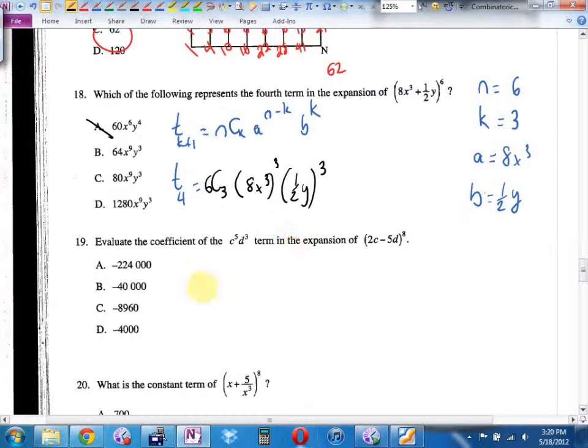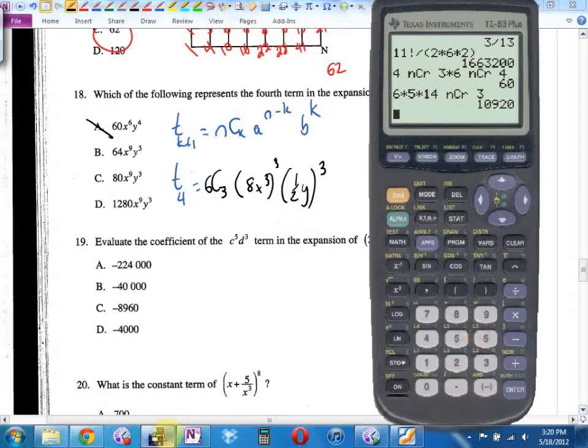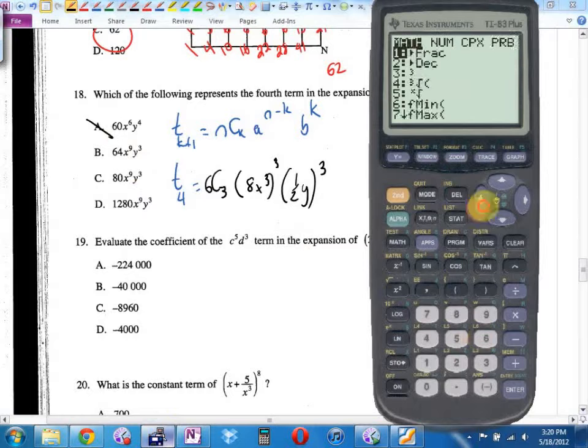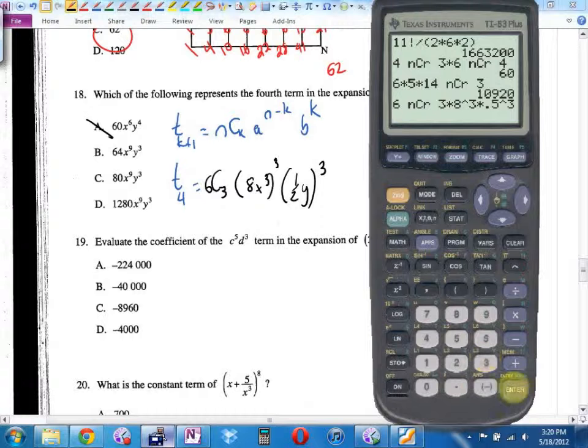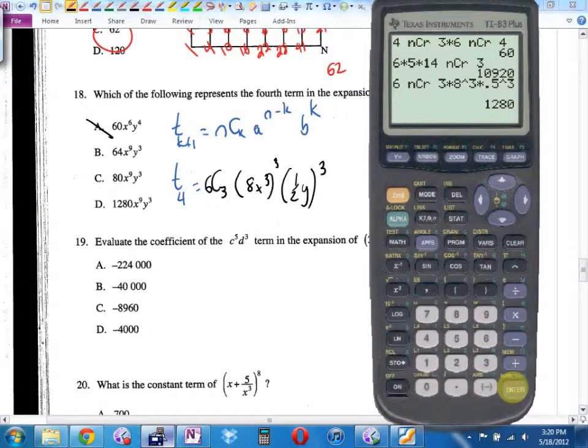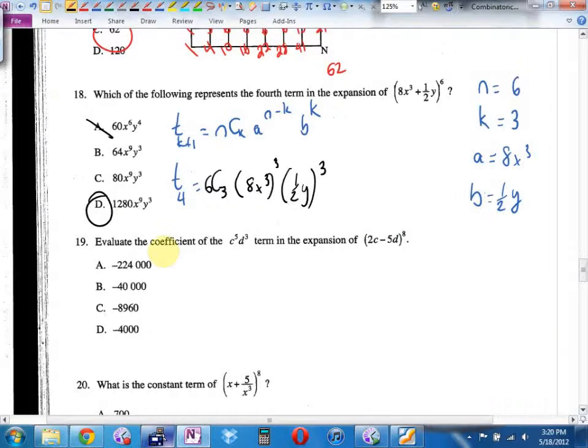That didn't help. Okay. What's my coefficient going to be? 6 choose 3, and then I'll have an 8 to the third, and I'll have a 1/2 to the third. It's going to end up being 12,880 x to the 9th y cubed.